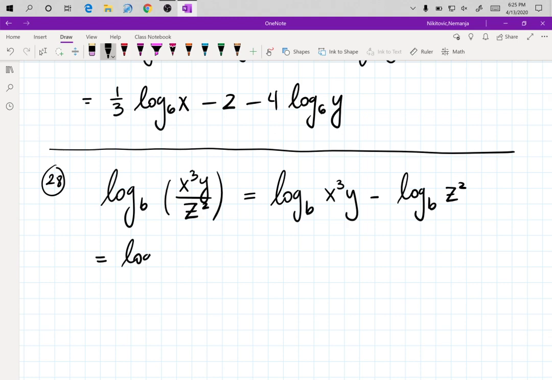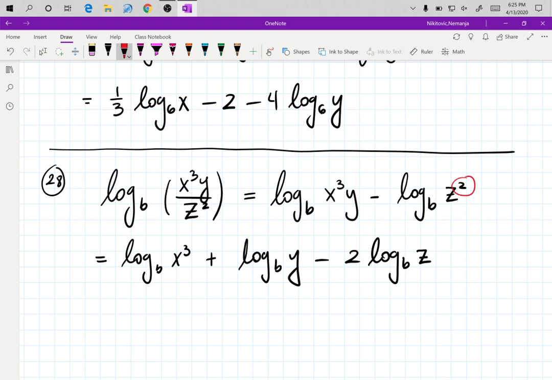That is going to be log base b of x cubed plus log base b of y minus 2 log base b of z. Rule number 3 takes the powers, kicks them outside.